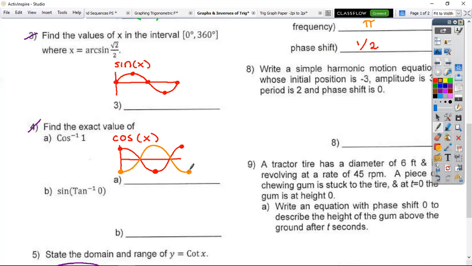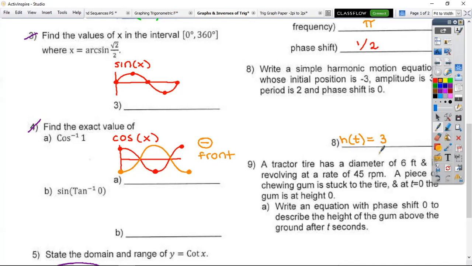So the negative is correct. So we need to put a negative in the front of your equation. Good. So I have an amplitude that's 3, a period that's 2, phase shift is 0. So I'm going to start this and go, I don't know, h of t equals, my amplitude goes in the front and it's 3.